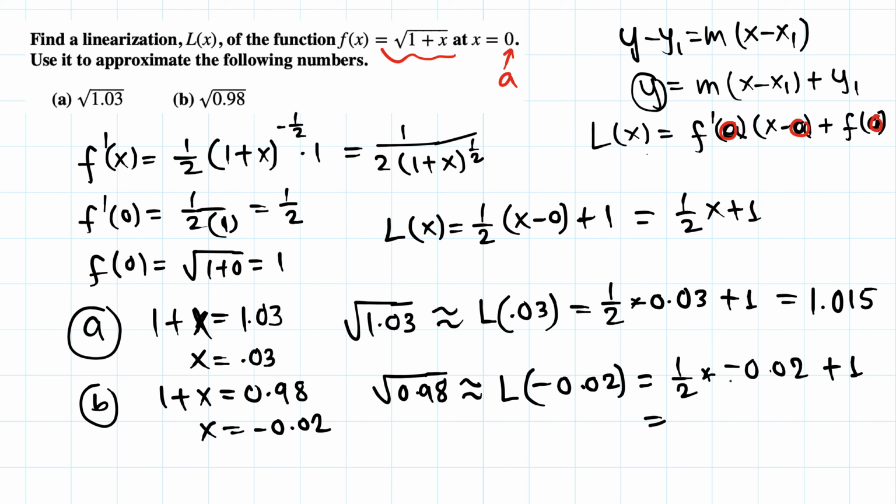If we multiply, 2 goes into 2 one time, so negative 0.01 plus 1 is 0.99. So the square root of 0.98 is almost equal to 0.99, and the square root of 1.03 is almost equal to 1.015.